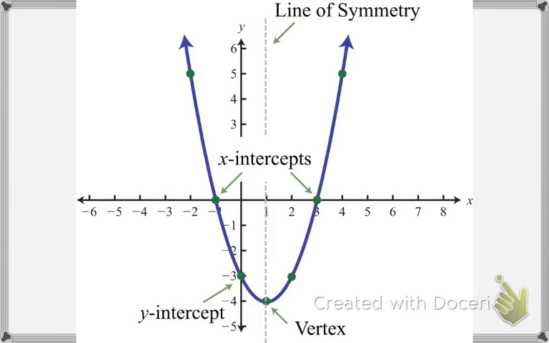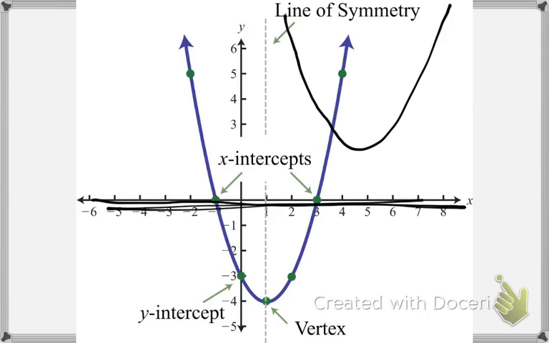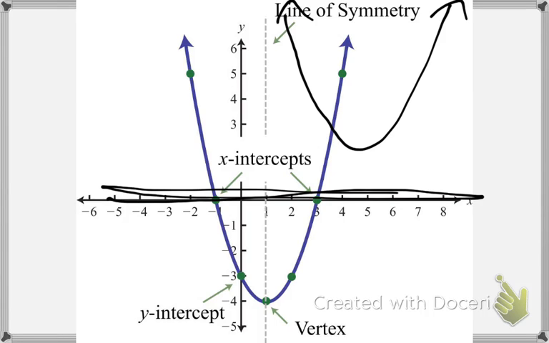Now, very importantly, it is possible to have a concave up or happy face parabola that is entirely above the x-axis. If that is the case, there will be no solutions when you sub in y equals 0, because y equals 0 is this line here, the x-axis, and the parabola doesn't cross the x-axis, so there will be no x-intercepts.